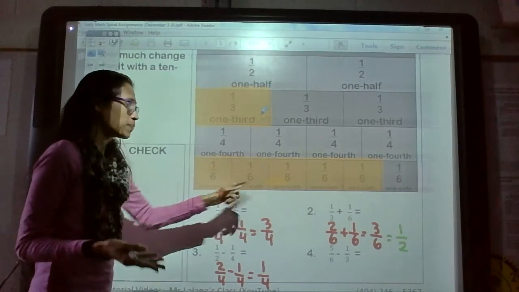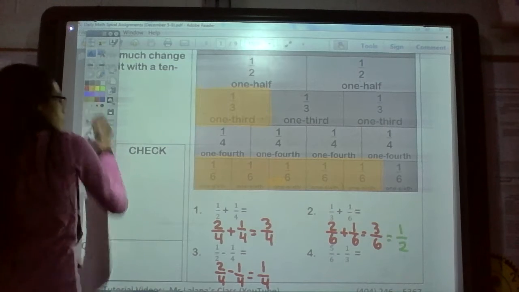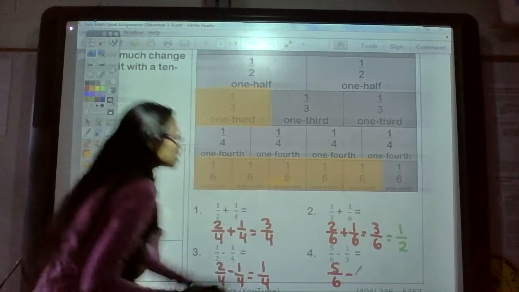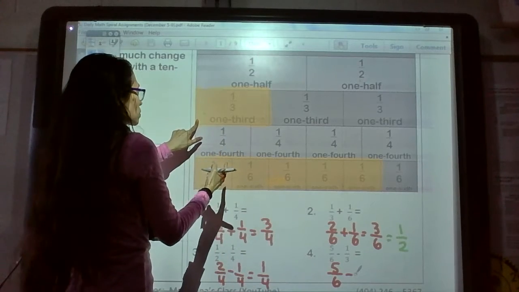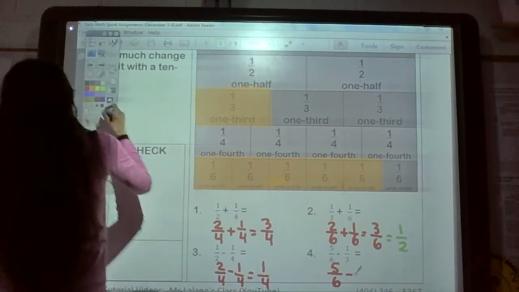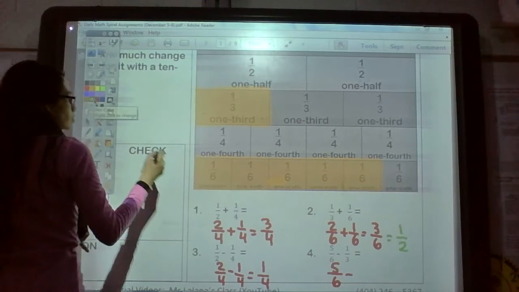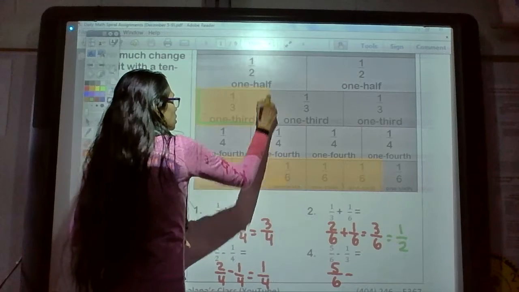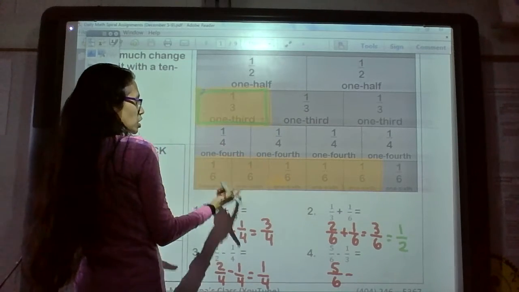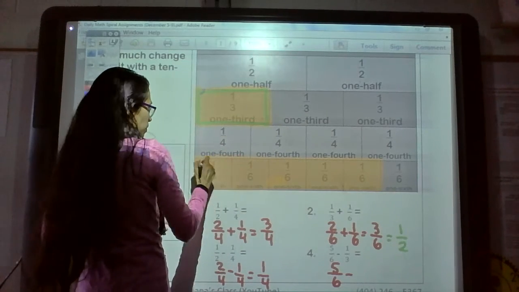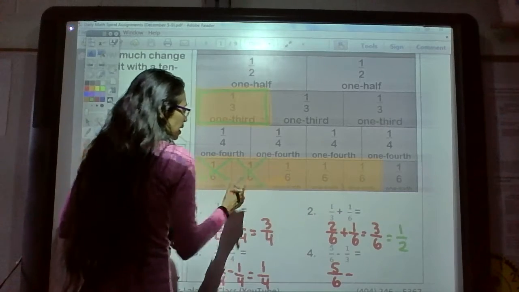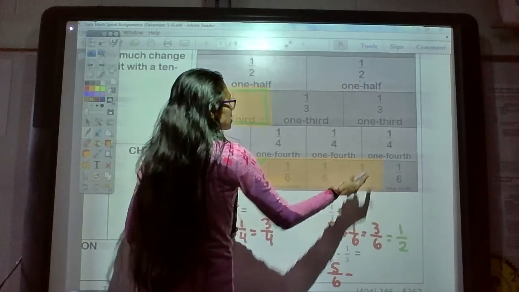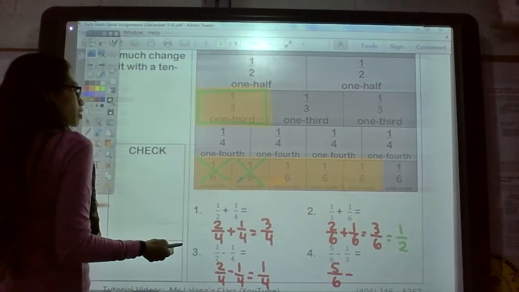To sixths, okay? So I have that 5/6 minus, you see this 1/3 right here? That's the same thing as that. Actually, you know what? Let me just do this. That 1/3 is this right here. So we're going to take this away, X that out, and what's left? 3/6, okay?